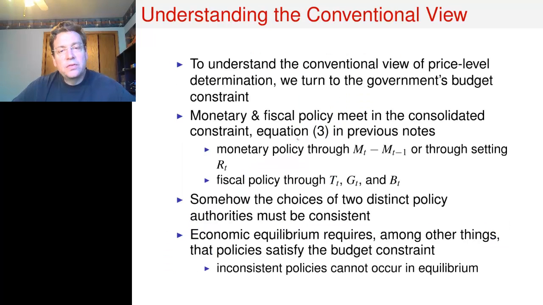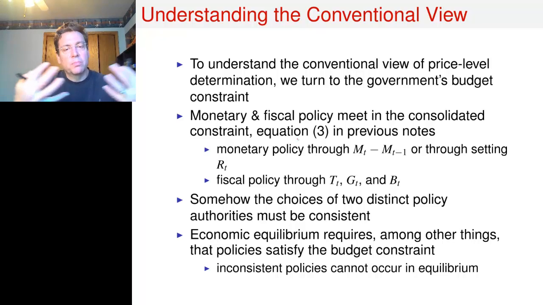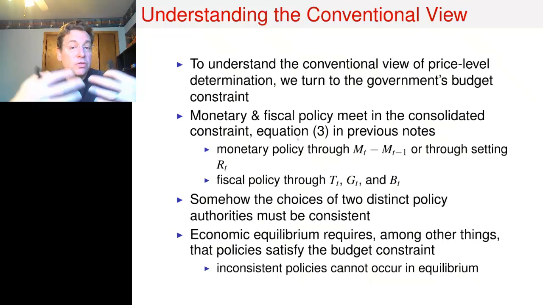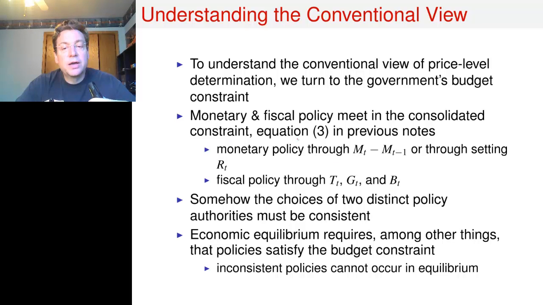Now, to understand this conventional view of price level determination, we're going to have to look at the government budget constraint. And the reason for this is that it's the government budget constraint where monetary and fiscal policy meet. And as we saw in the previous notes, monetary policy affects the growth rate of the money supply, or alternatively, the interest rate. And fiscal policy affects taxes, government spending, and debt.